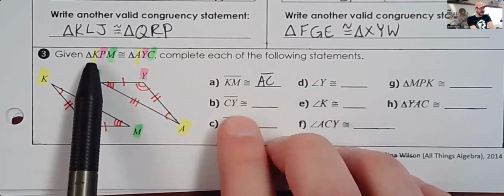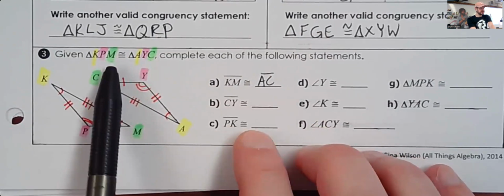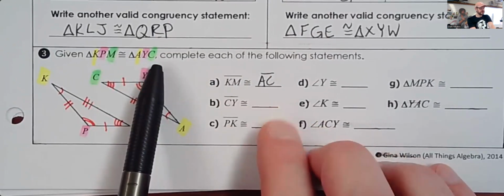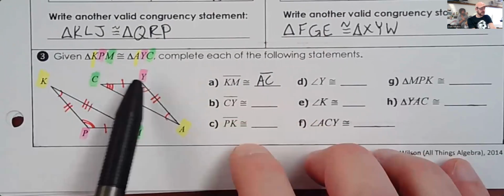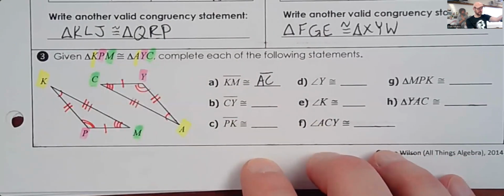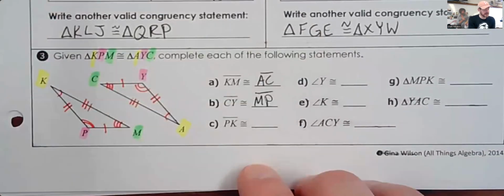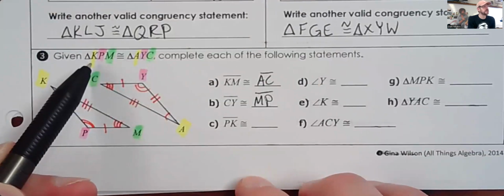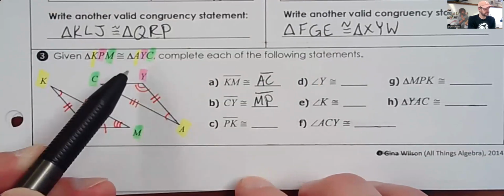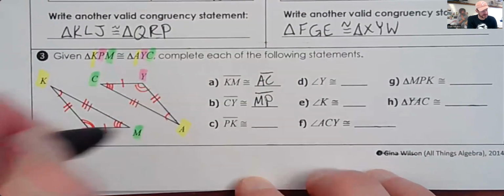If you look at KM, that would be yellow-green. So use yellow-green from the other one. CY would be green-pink. So that would be MP, exactly. PK, that is pink-yellow. So YA, yeah. PK would be the same as YA.